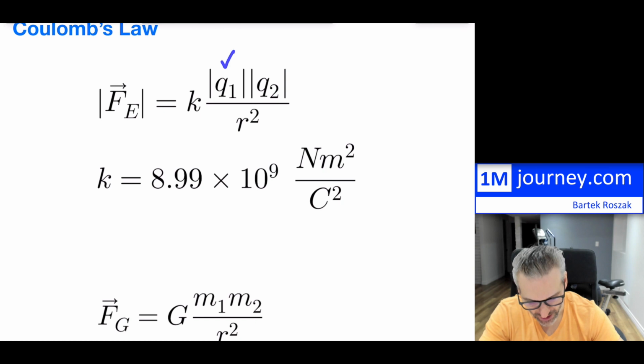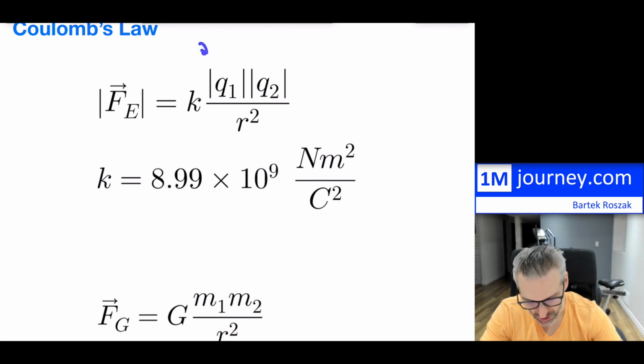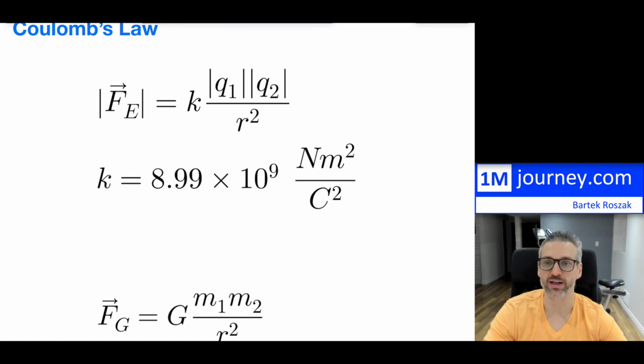So instead of talking about masses, as we did in the law of gravity, now we're talking about two charges. Now, we do have an absolute value, although most of the time those absolute values might be dropped. So you might not see those absolute values in the equation that your teacher presents to you, or that you might be reading in a book.